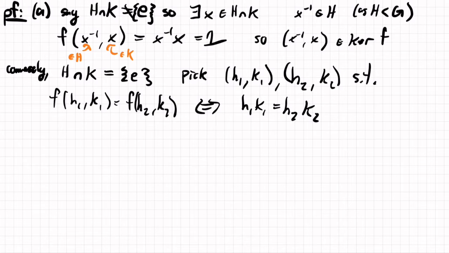Now, what we can do is collect all of the terms on each side here, meaning I'll multiply on the left by H1 inverse, and on the right by K2 inverse. So I'll have K1 K2 inverse equals H1 inverse H2.